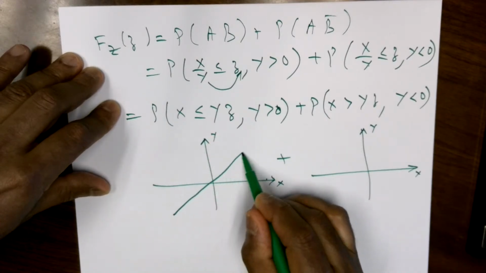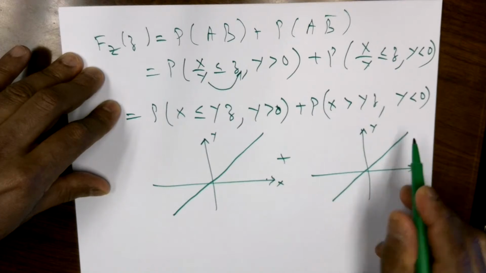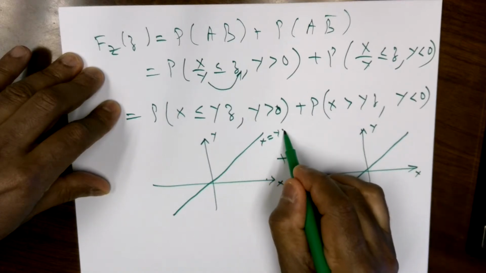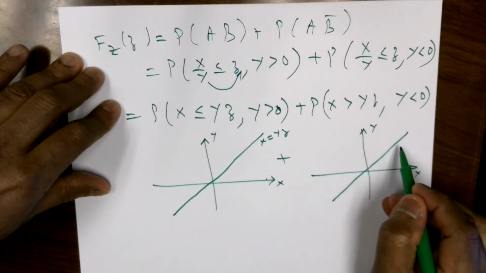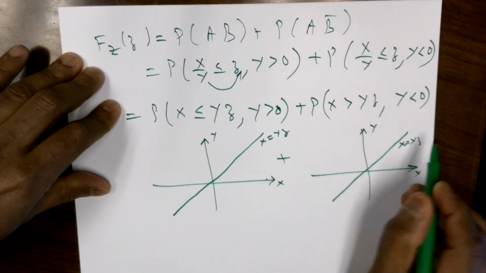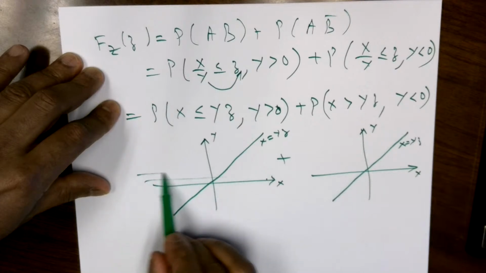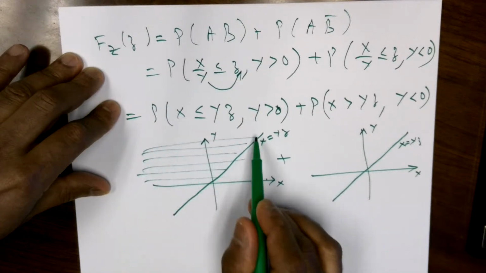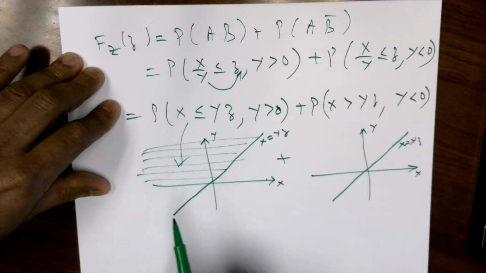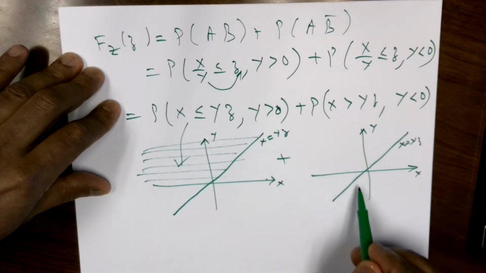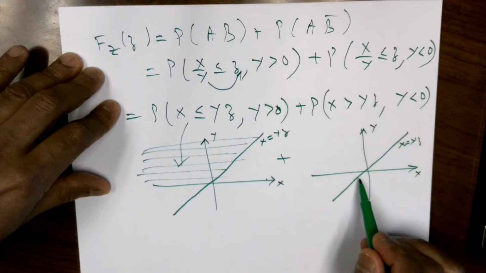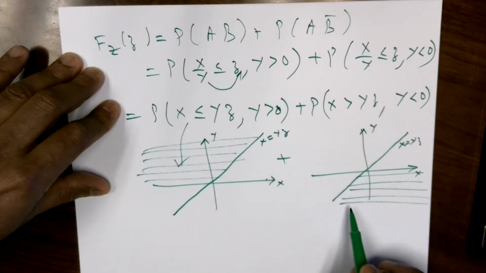So this is the line X equal to Y in both, X equal to Yz. Depending on the value of z, the slope will be different. And here we need the region X less than Yz. So that's this region. This is X less than Yz and Y positive. Y negative is here and we need X greater than Yz. So that will be this region.